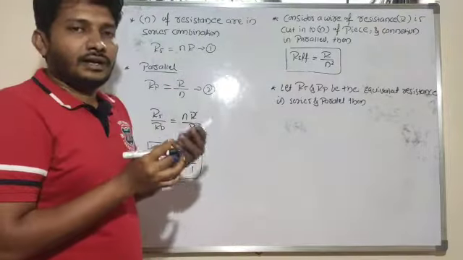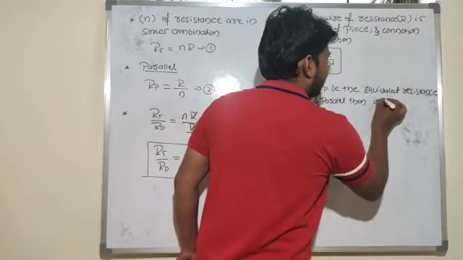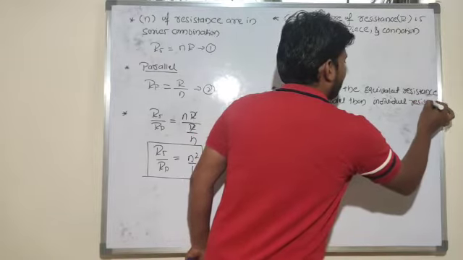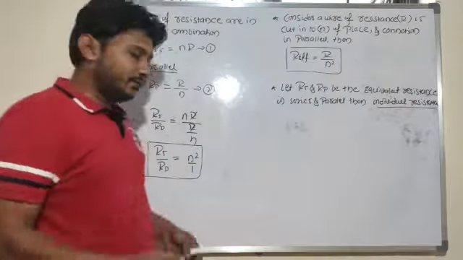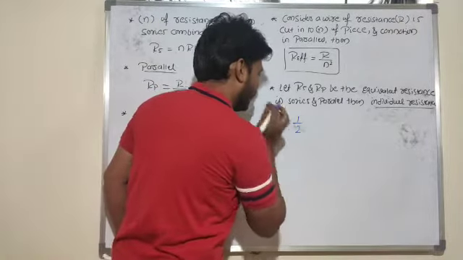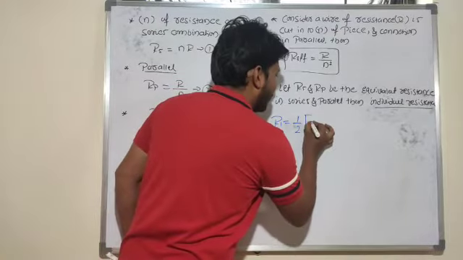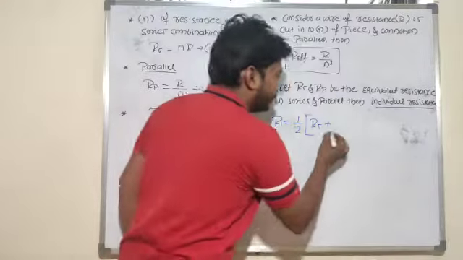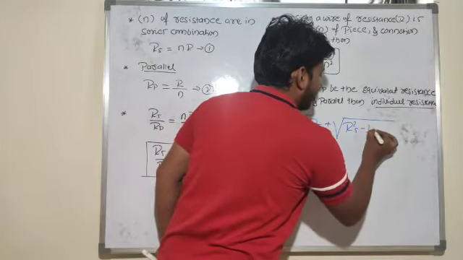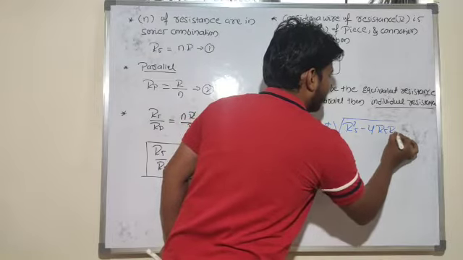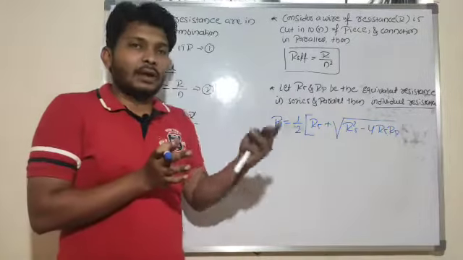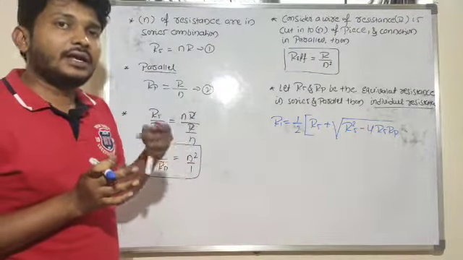Then the individual resistance R1 is equal to 1 by 2 into R of S plus the square root of R of S squared minus 4 times R of S into R of P. So given the effective resistance in series and in parallel, I want to calculate the individual resistances.